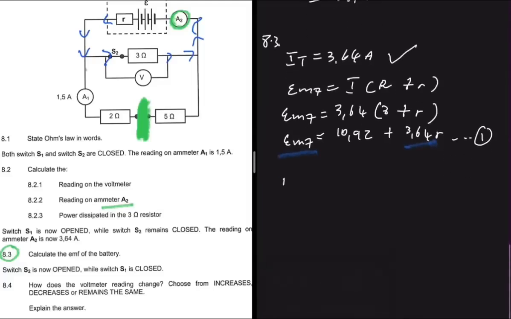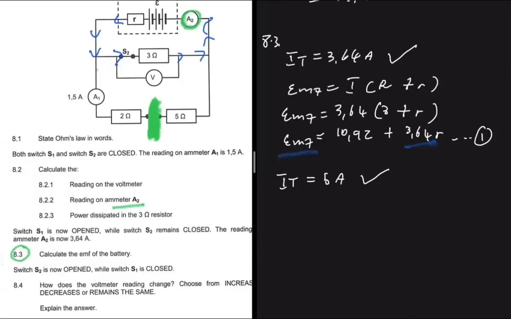So this is when IT is equal to 3.64 amperes. But what happens when IT is equal to 5 amperes, like we had when both switch S1 and S2 are closed? Now we can use this information. We know that the corresponding current is 5 amperes. So EMF is equal to I multiplied by R plus internal resistance again.